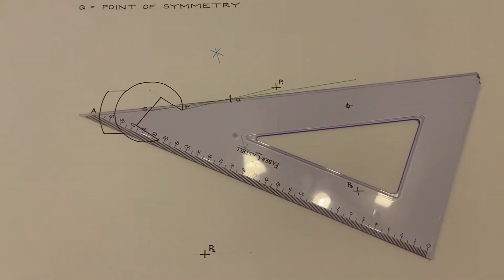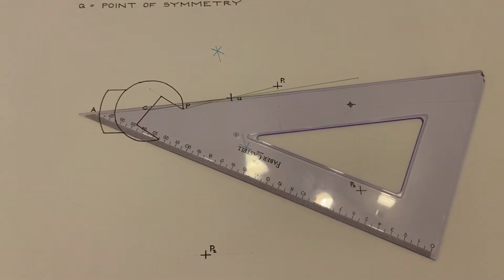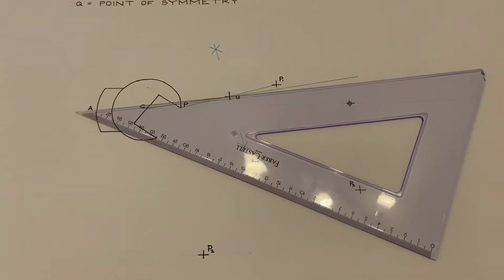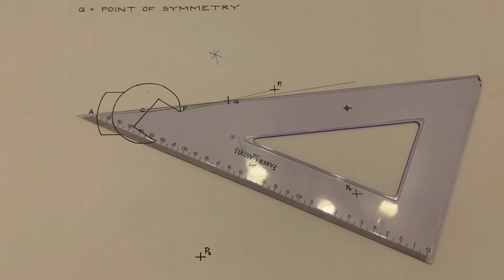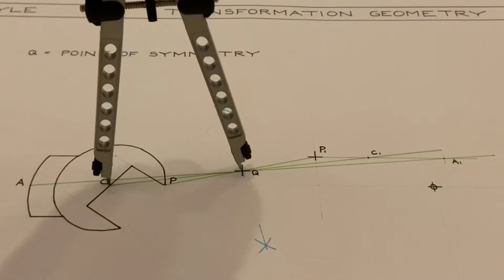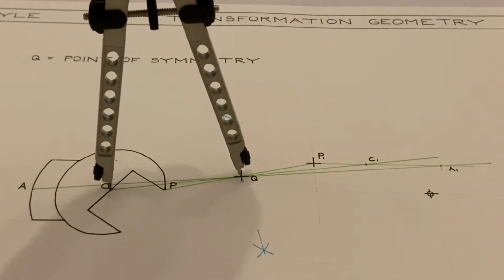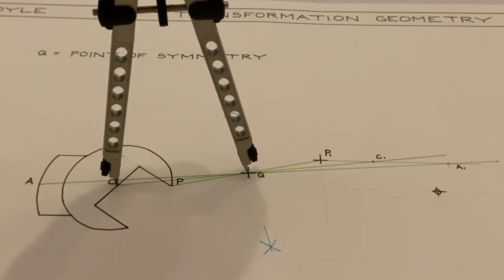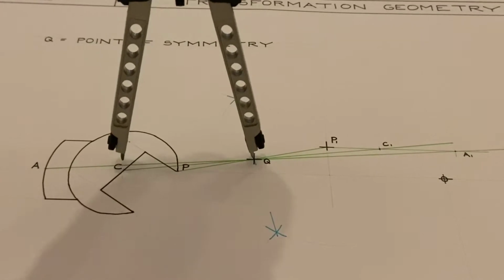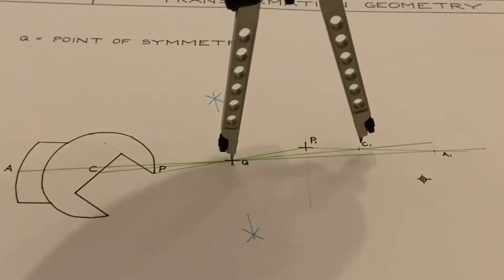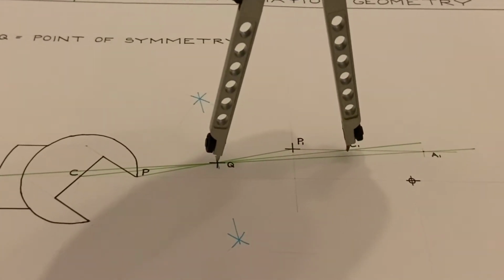Lining up your set squares with Q, the point of symmetry, bring A and C through Q and out the other side. With your compass on Q and opened up as far as C, swing that distance to the other side to mark the position of C1.